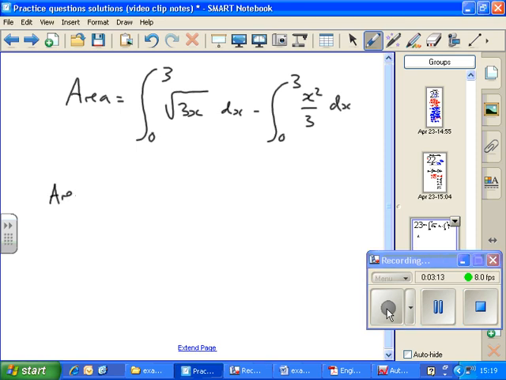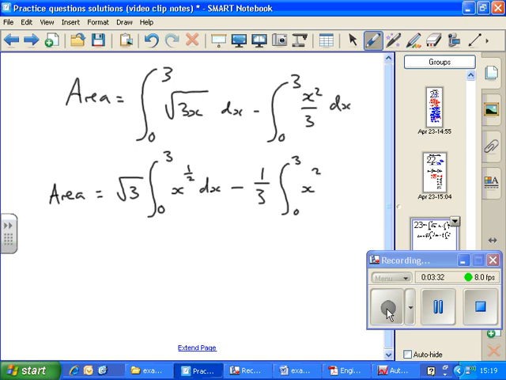So the area equals, taking the root 3 outside the integral, the integral between 0 and 3 of x to the half dx, minus, again taking the third outside the integral, it's not essential you do this, between 0 and 3 of x squared dx.